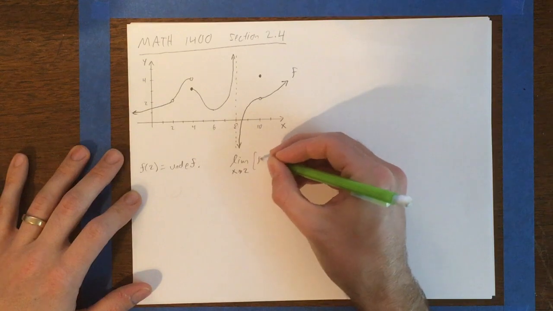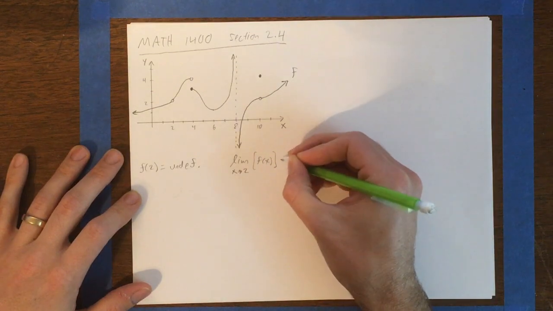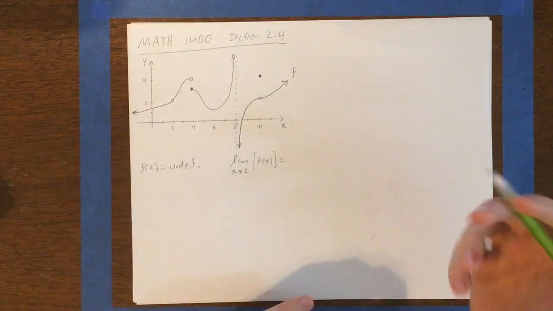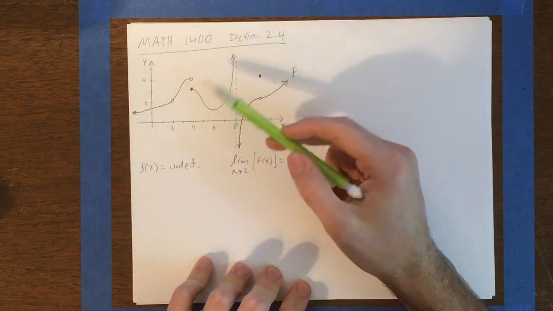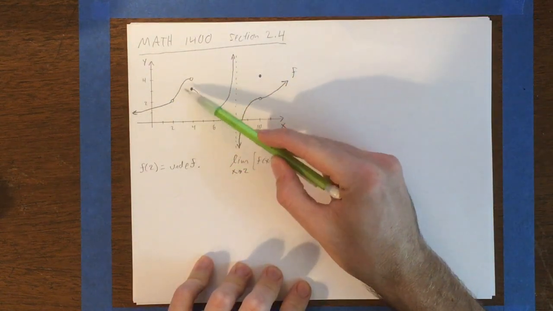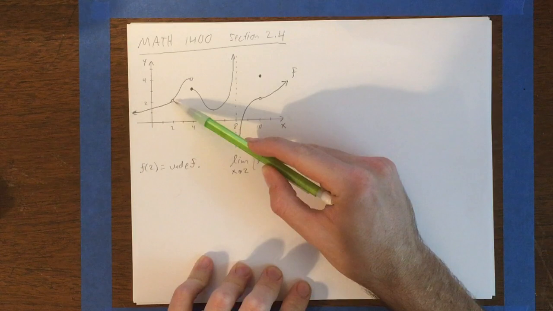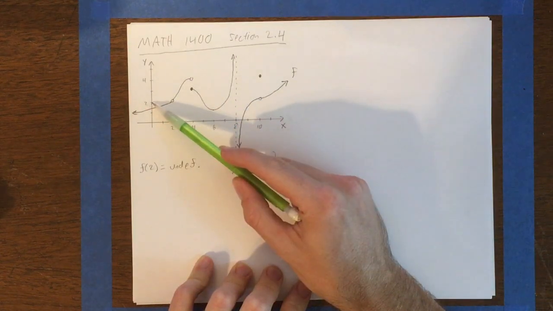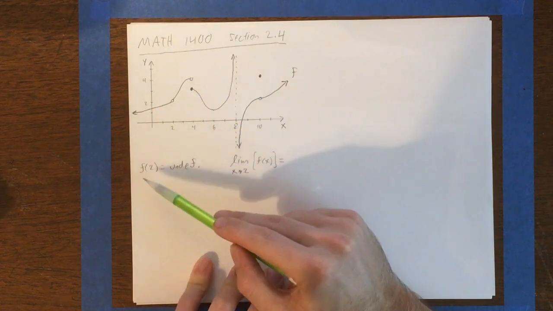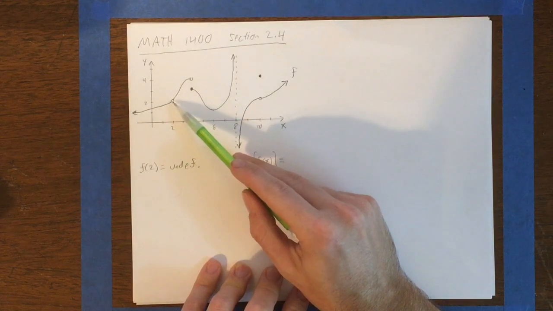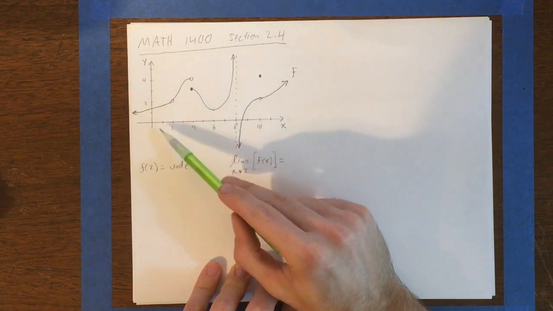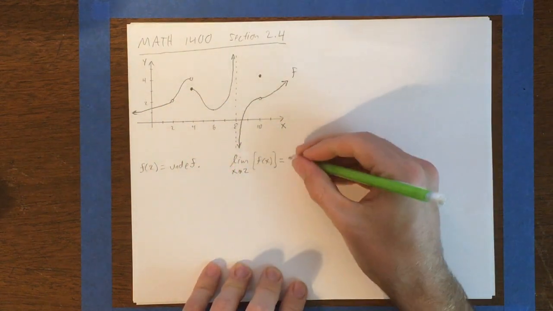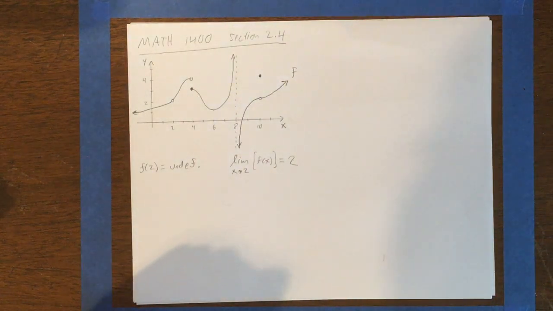That's a different question. What does the function appear to be approaching? We can answer this question graphically. Looking here, we can see this graph appears to be approaching this open point right here, which is at height 2. So despite the fact that the function is not defined at that point, it's clearly approaching 2 from both the left and right sides. So that limit is 2.